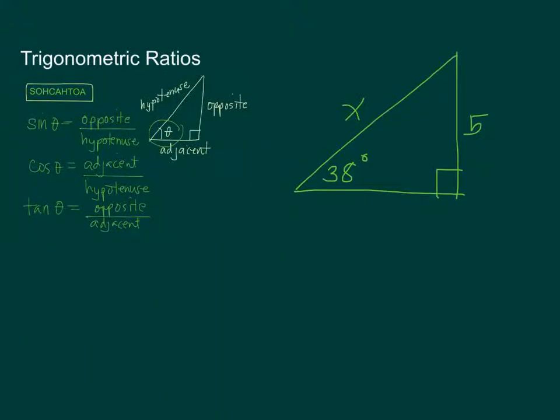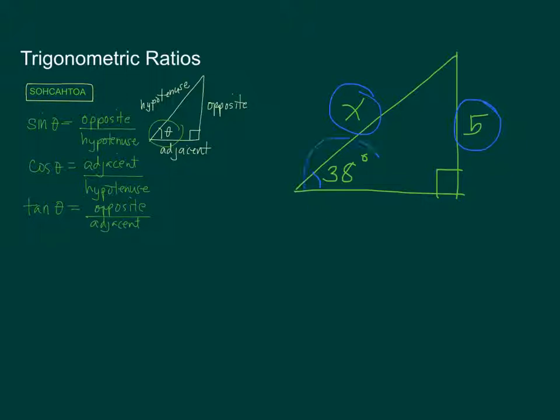Okay, here for example, I have a triangle whose angle here is 38 degrees. I have a side 5 and I want to find the hypotenuse x. To apply SOHCAHTOA, or the concept of trigonometric ratios, you have to identify the sides with respect to the angle.